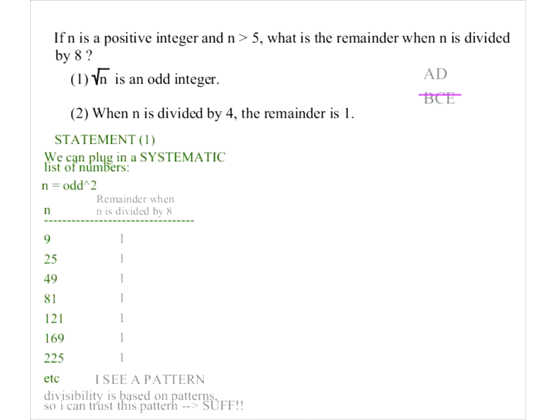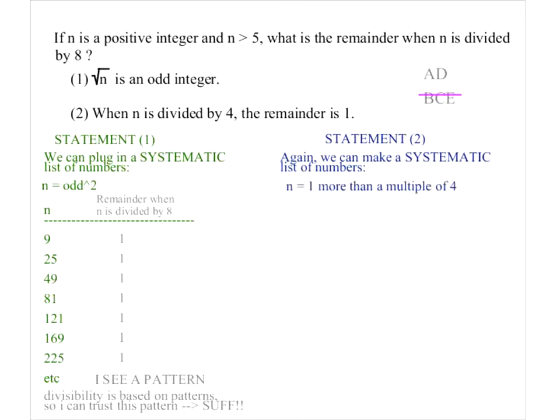Okay, statement 2. Again, this is a very systematic list that we can make. Just all the numbers that give you that remainder. So again, we can make a systematic list of numbers, because n is 1 more than a multiple of 4.